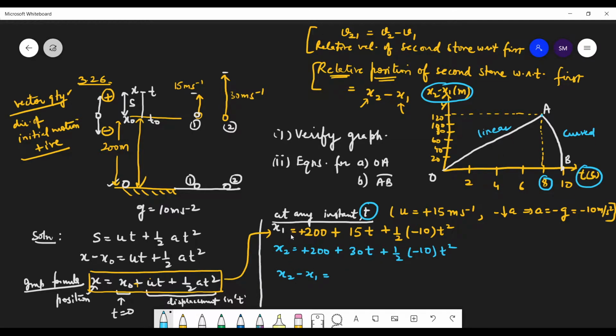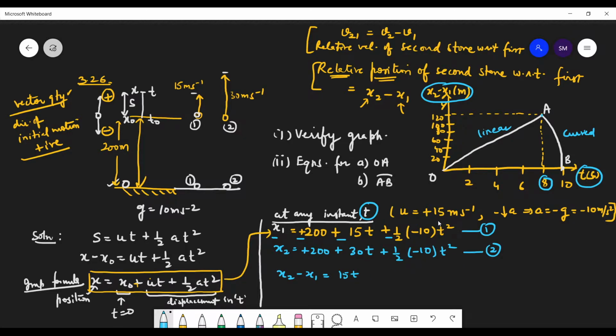So x2 minus x1. So we have to take this equation 2 minus equation 1. So these signs will change. And what do you get? x2 minus x1: 200 will cancel out. 30t minus 15t, that is 15t.